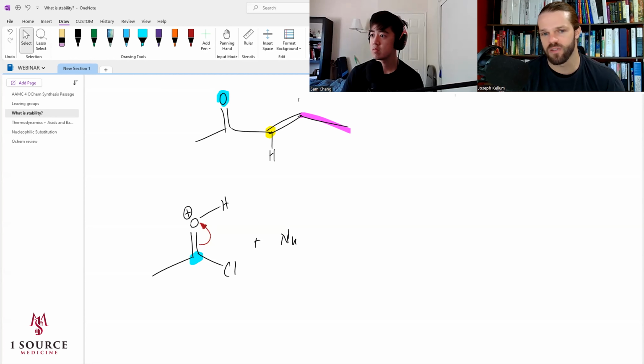The reason it's good for OChem is that if you understand what makes something a strong versus a weak acid, then you also understand what makes a good versus a bad leaving group, and what makes a good versus a bad nucleophile, because those are the same ideas. So I would recommend that as well.